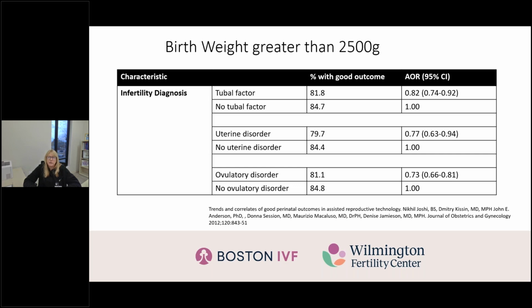And what we found was that birth weight less than 2,500 grams was increased in patients with tubal factor, uterine disorders, and ovulatory disorders. And we didn't see an increased risk of low birth weight in patients with, say, male factor infertility.